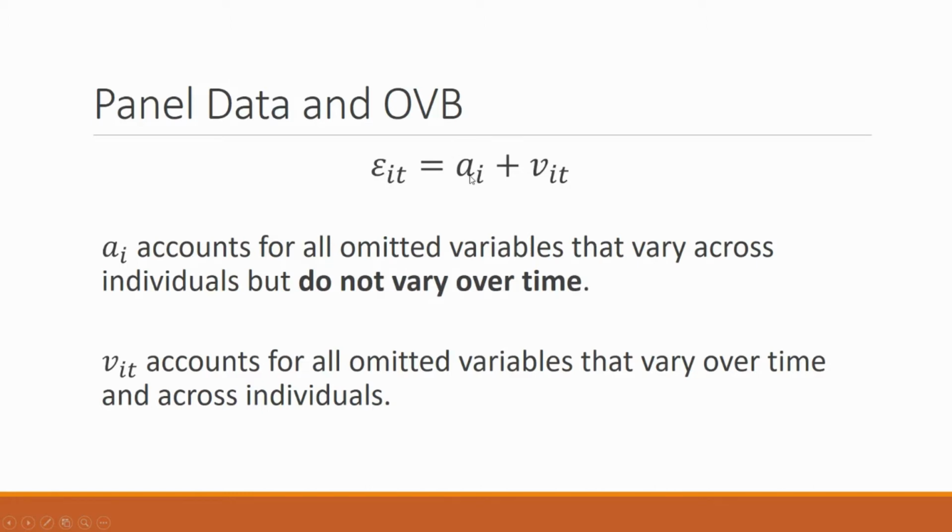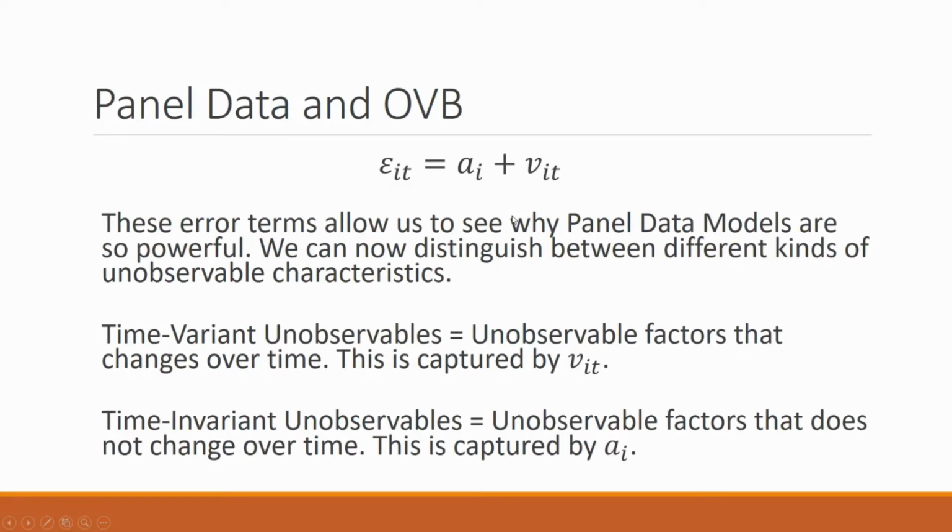All the omitted variables that do not vary across time, so that's AI, and then all the variables that do vary across time and individuals, and so it's VIT. VIT varies across individuals, I, and time, so it has a subscript T. So these error terms allow us to see why panel models are so powerful. We can now distinguish between different kinds of unobservable characteristics.